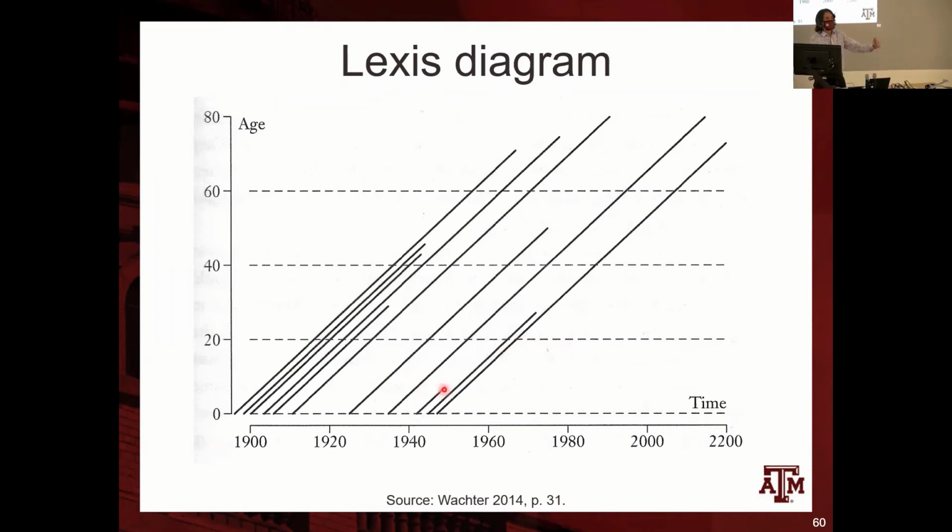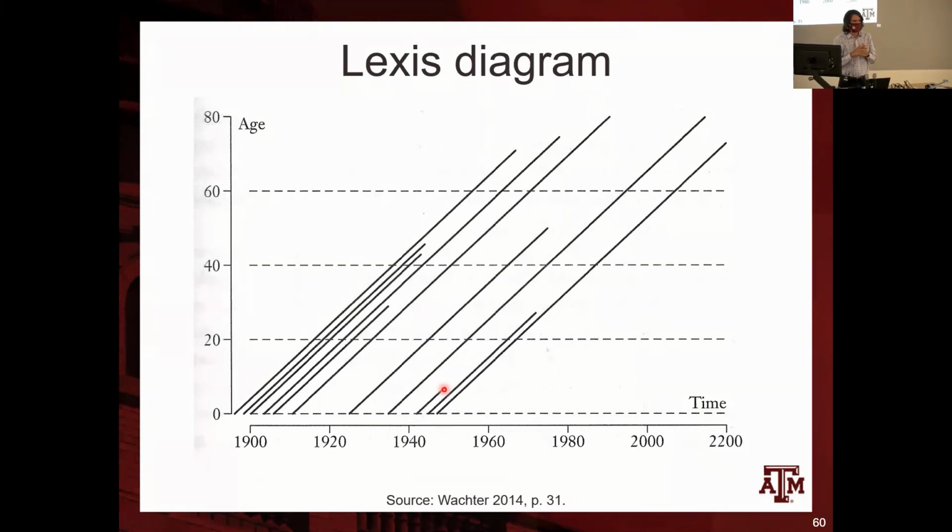So here I asked you how many people reached a specific age, so I draw a horizontal line in the Lexis diagram. And if I ask you what the size of the population is, considering that we just have these people, in 2000?